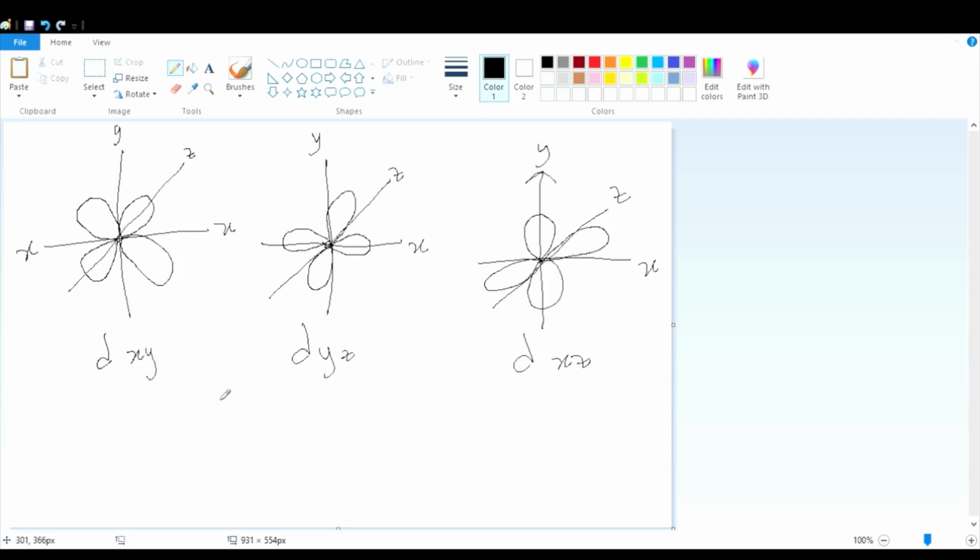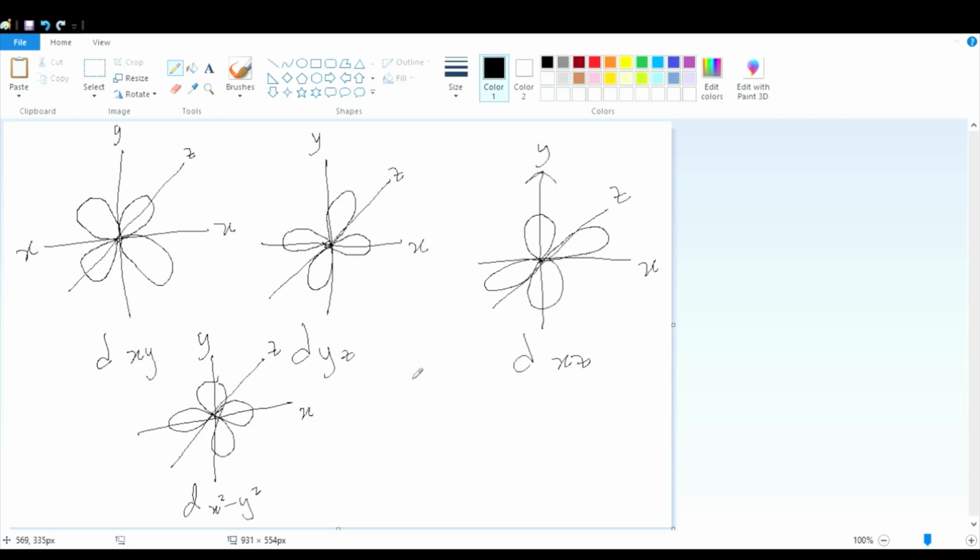So this is dxz. Okay. The fourth one, this is y, z, and x. This is dx square minus y square. So you have to draw on x. This is quite straightforward, on x and on y.